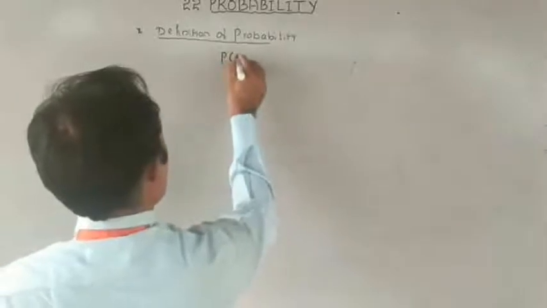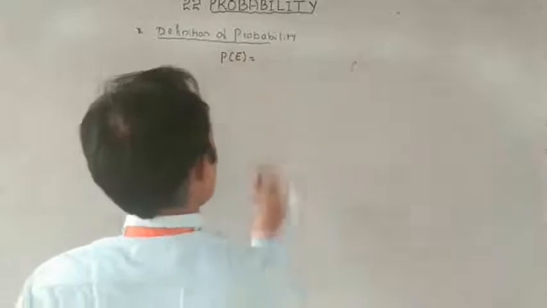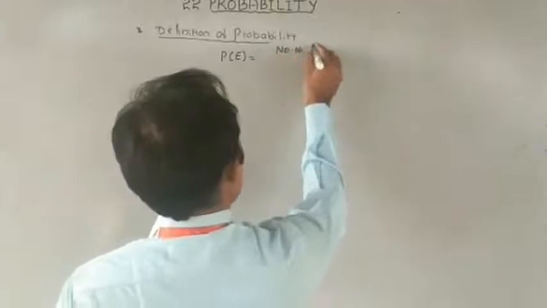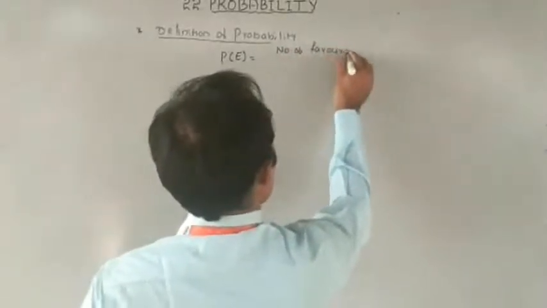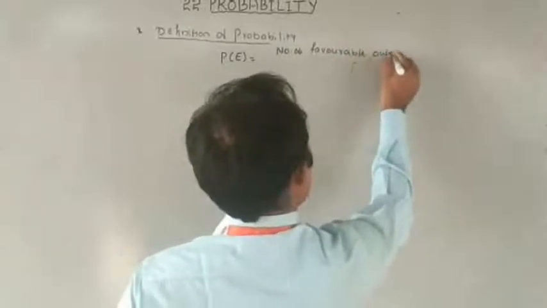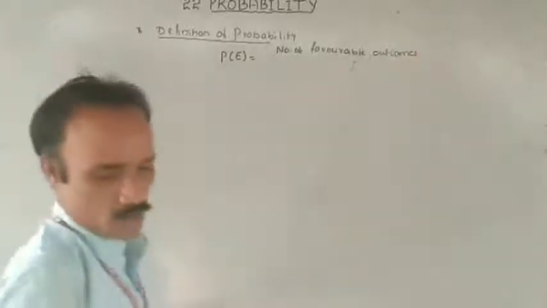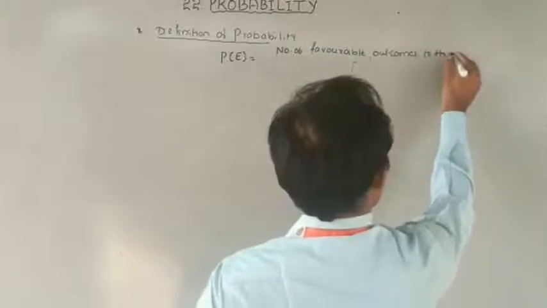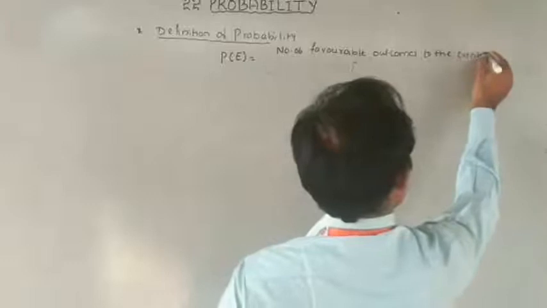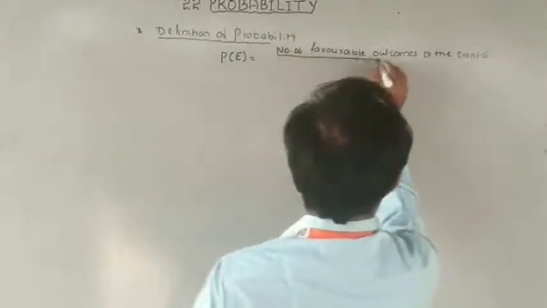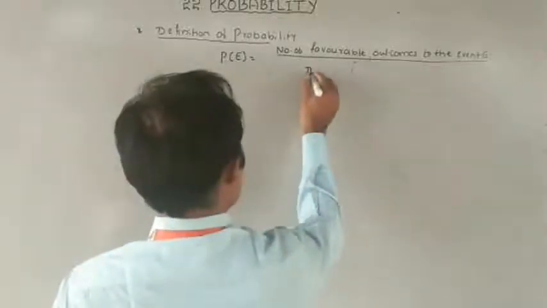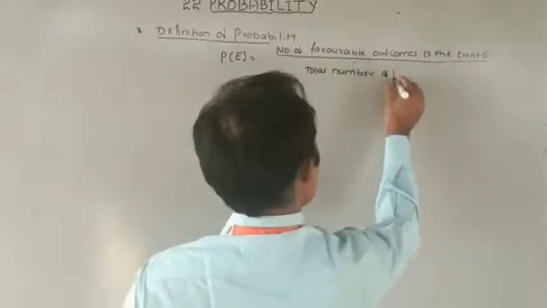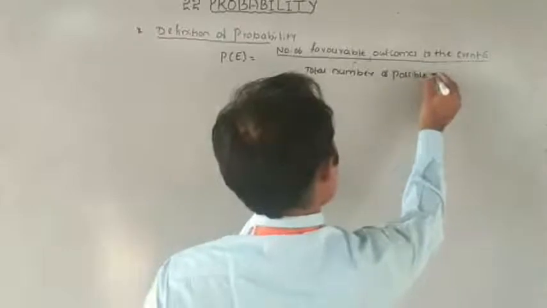P of A, sorry, P of E, probability of the event E can be found as the number of favorable outcomes to the event E divided by the total number of possible outcomes.